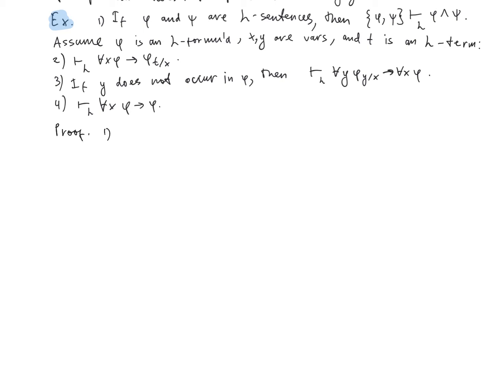1. So we have to exhibit a formal proof for this. We can take phi 0 to be the formula phi itself. We can take phi 1 to be the tautology phi implies, psi implies the conjunction of phi and psi.